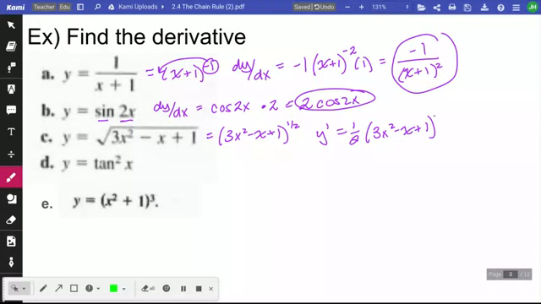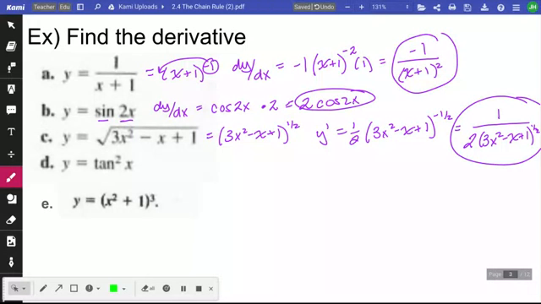My exponent will now be negative 1/2, because I subtracted 1 from 1/2. So then I'll need to simplify that. So my 1 is in the top. My 2 is still in the bottom, but now I have 3x squared minus x plus 1 in the denominator with a power of 1/2. Or you could rewrite that part as a square root of 3x squared minus x plus 1.